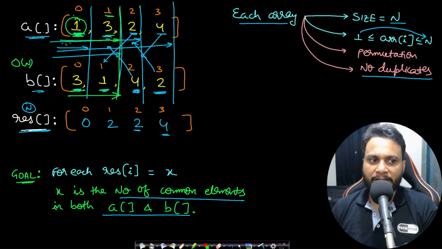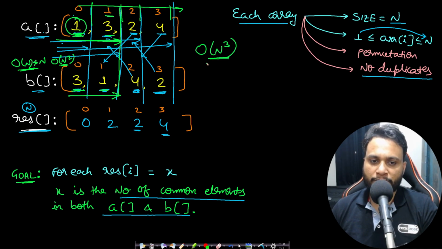So for every element we will be doing order of n searches, and for a single partition we can have n elements, so this will be order of n square. But we can have order of n partitions as well, like we will be partitioning at 0, 1, 2, 3 and so on. So that is why the complexity will become order of n cube for the brute force approach, right? You can try that, you may pass it because the n value is less than or equal to only 50, right?